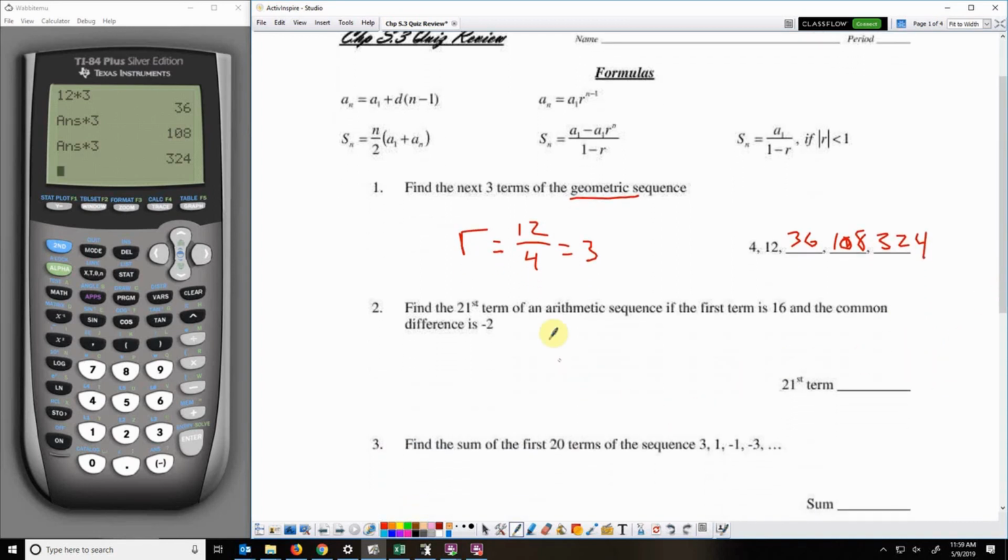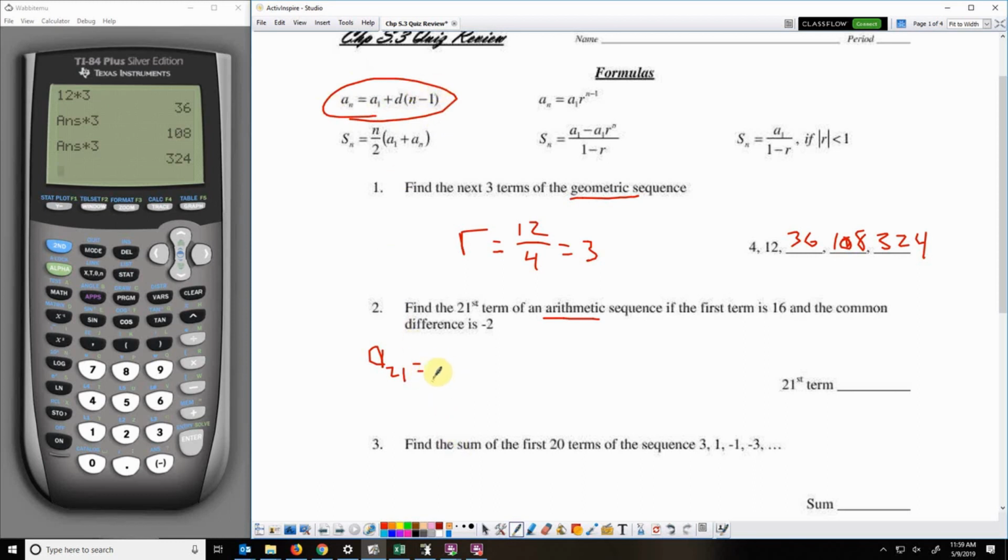Find the 21st term of an arithmetic sequence. If the first term is 16 and the common difference is negative 2, I want a sub 21. I'm going to use this formula right here, by the way. This helps us find a term in an arithmetic sequence.